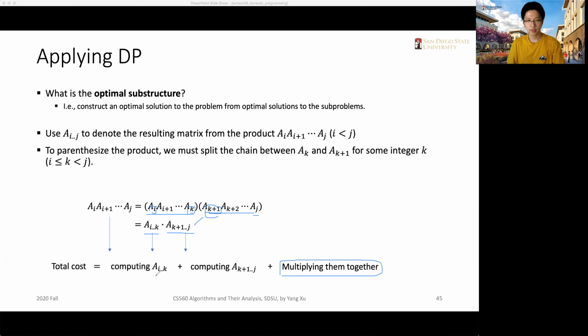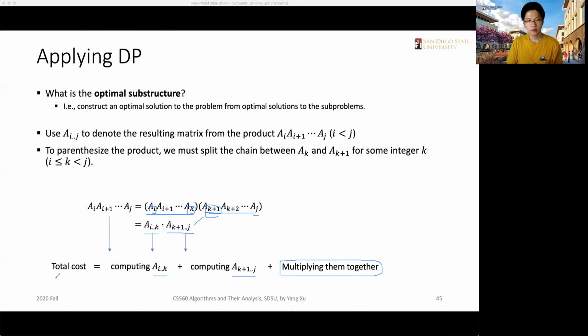Because the result on the left is a matrix, and the result of the right chain is also a matrix. In order to multiply these two matrices together, there also needs to be some cost in terms of scalar number multiplications.